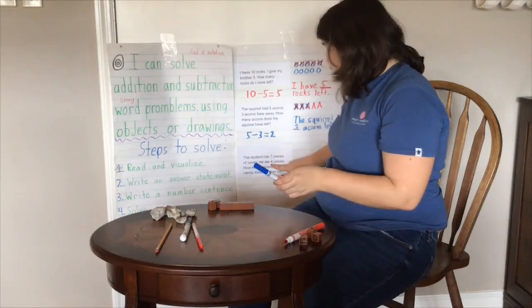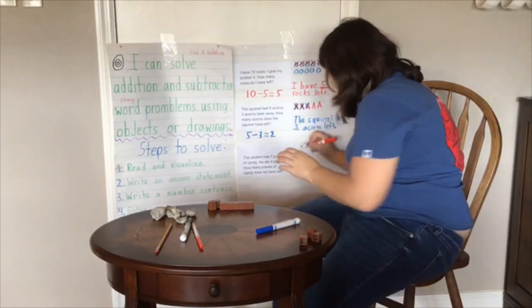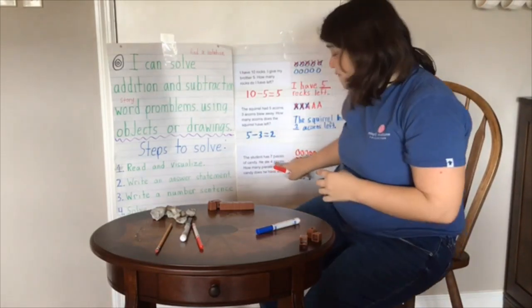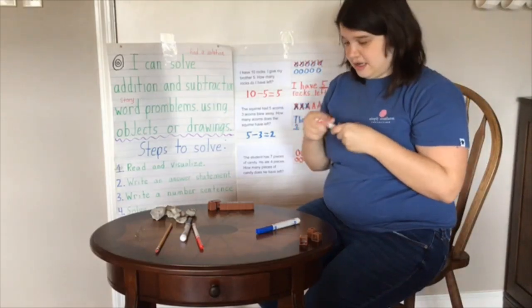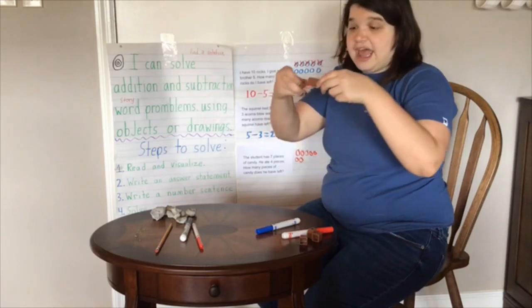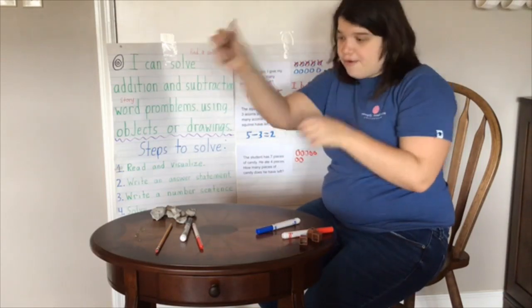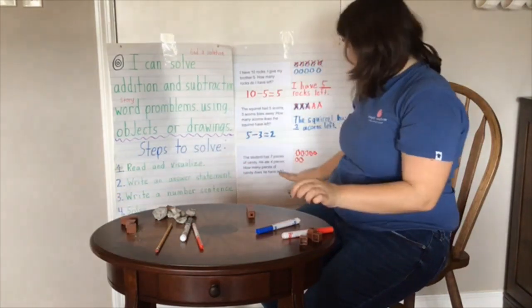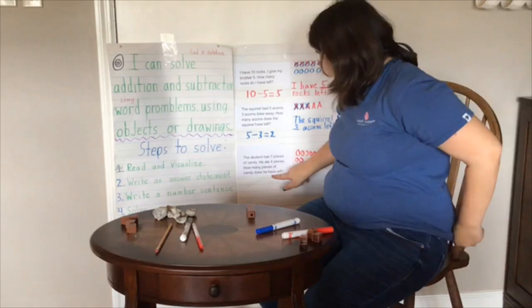He ate 4 pieces, so that means they went away. Okay, he had 7, and he ate 4. 1, 2, 3, 4. How many pieces of candy does he have left?